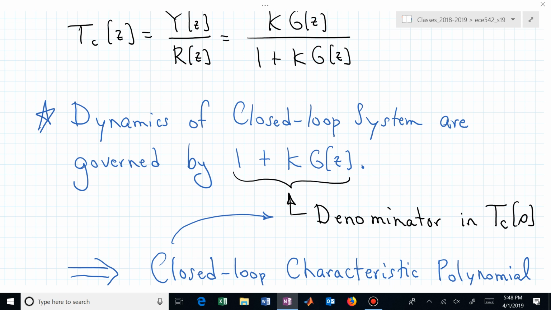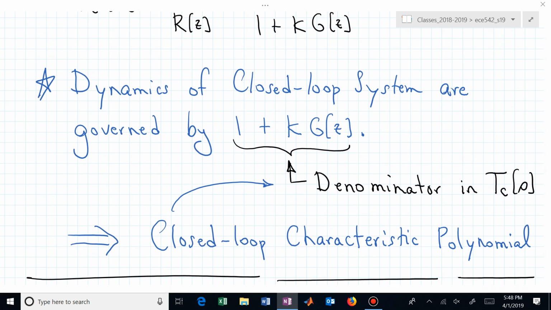That's the denominator in T sub c of z, and you might hear me call it the closed loop characteristic polynomial. And we set that characteristic polynomial equal to 0 to obtain a characteristic equation, and the roots of that characteristic equation give us our poles. And in this case, our closed loop poles.